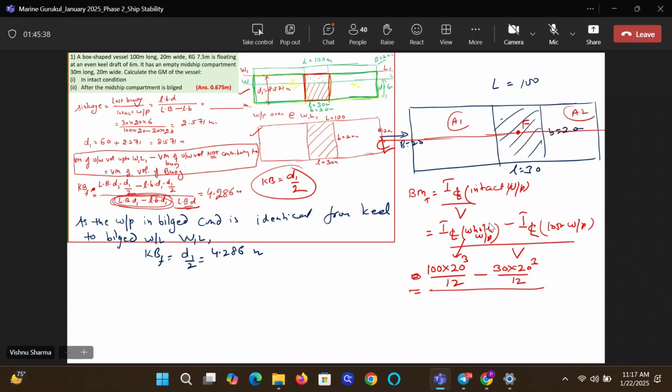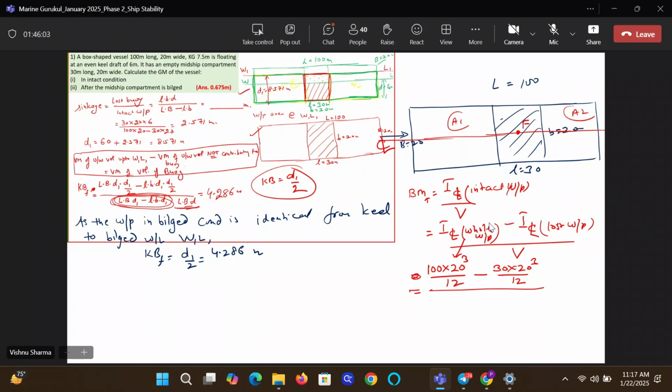Yes or no? My friend, if you start calling it underwater volume, you'll mess up this question nicely, because underwater volume is capital L into capital B into D1. So don't use wrong terminology.